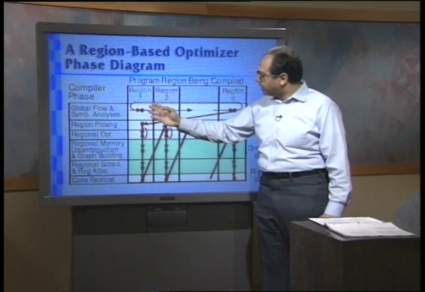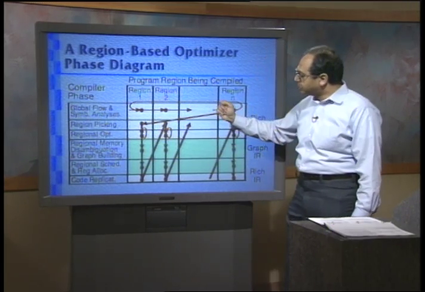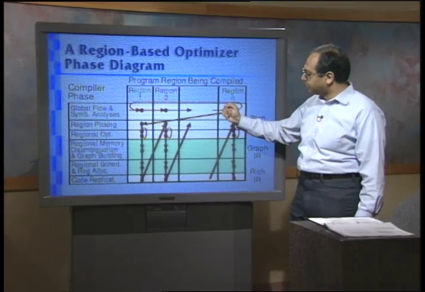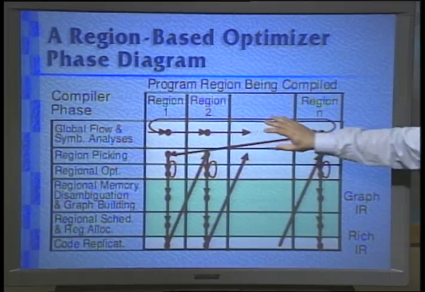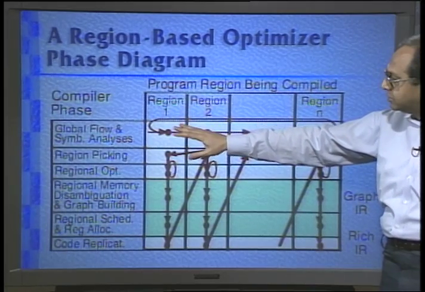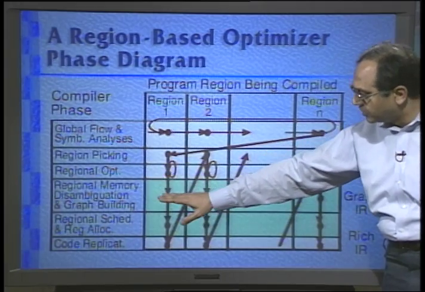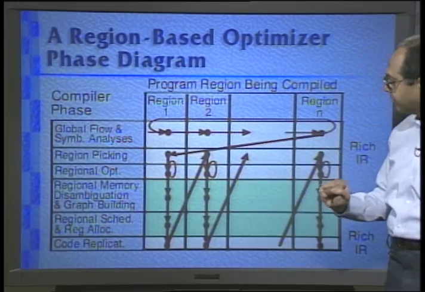Similarly, the symbolic analysis that is needed to support memory disambiguation also has to go out across the entire program unit. So we have this phase over here, which does operate over the entire program unit, and tries to do all the analyses that support the regional optimization and the regional memory disambiguation.